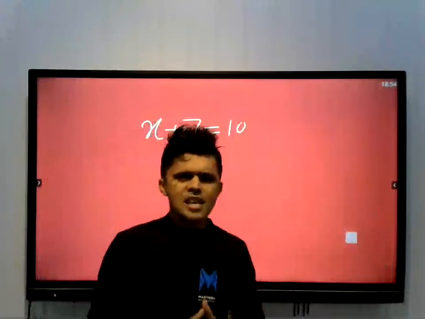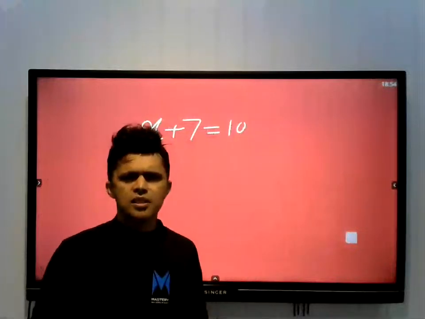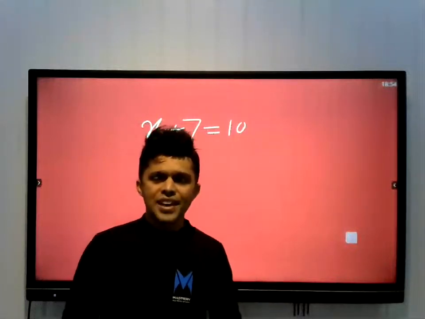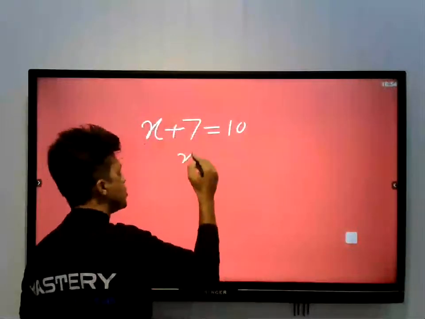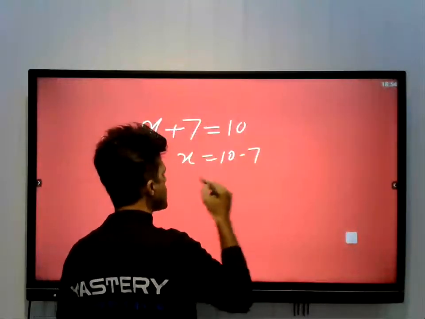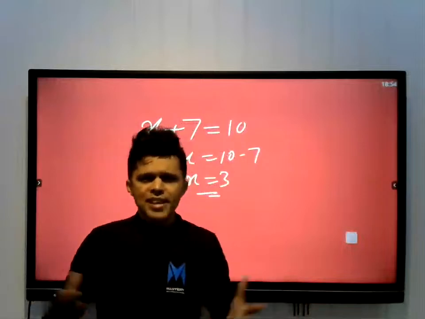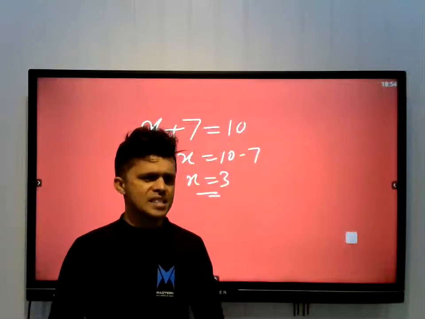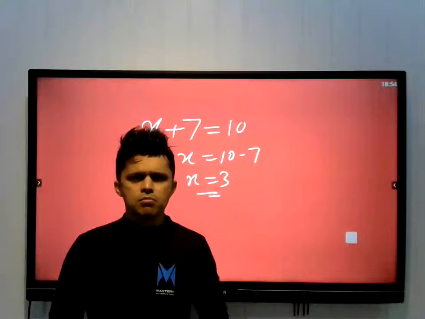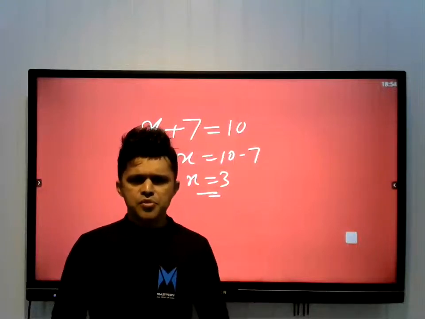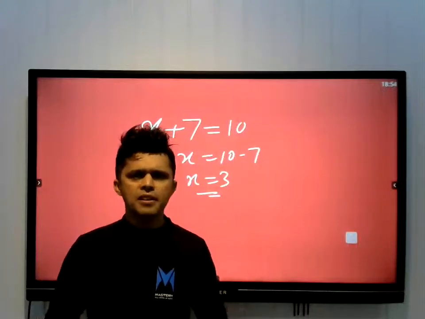Clearly, you can see that here is an equation. You are able to get the value of x here as 10 minus 7, which is 3. The value of x is 3. Easily you are able to get the value of x. So this is a simple equation, right?